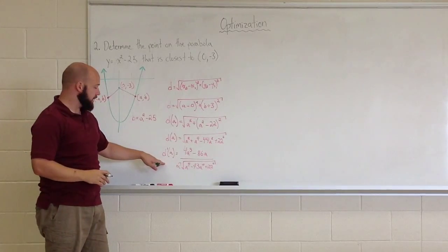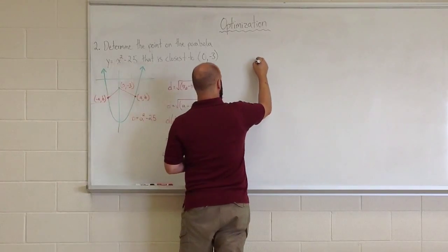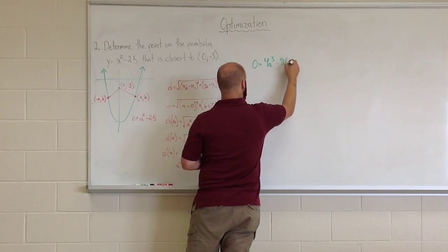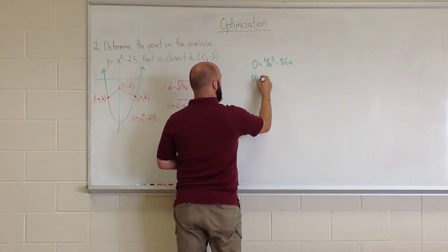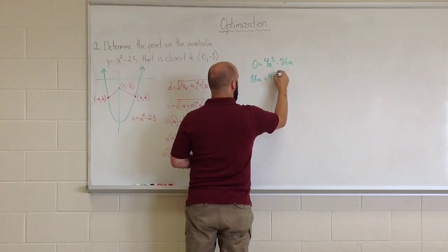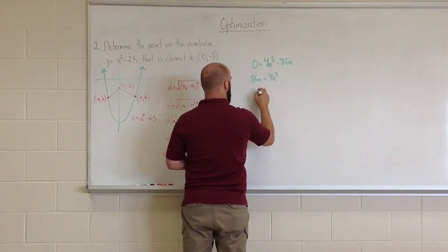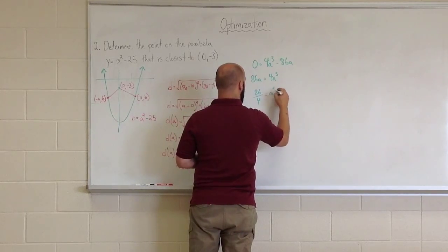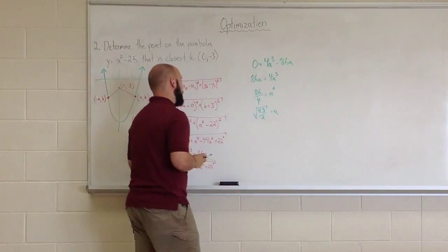We set this equation equal to 0, and everything in the denominator goes away. So we're going to have 0 equals 4a cubed minus 86a. Bring that over to the other side, and we have 86a equals 4a cubed, meaning 86 over 4 equals a squared, and the square root of 43 over 2 is a.